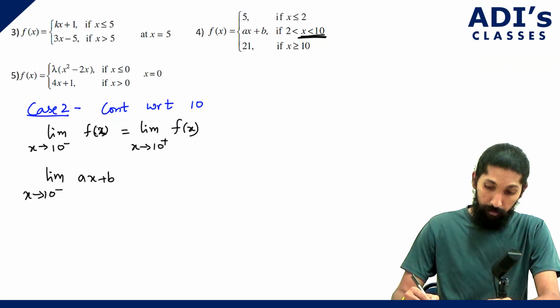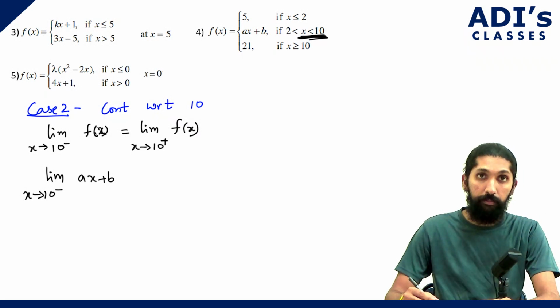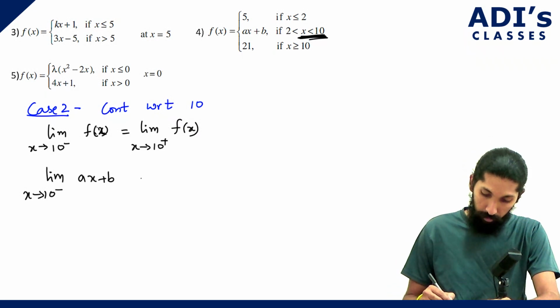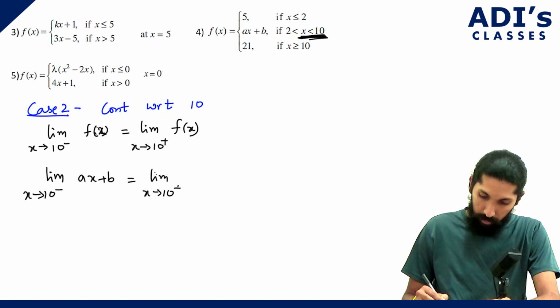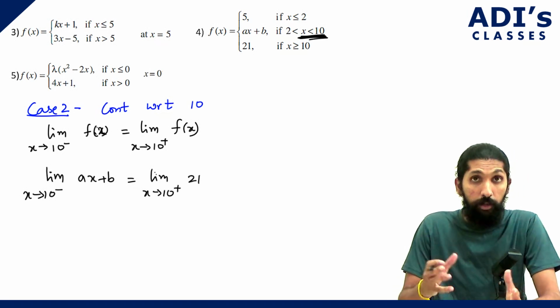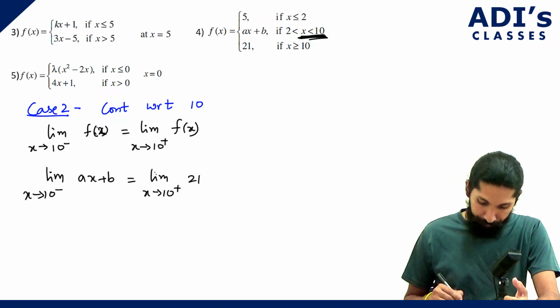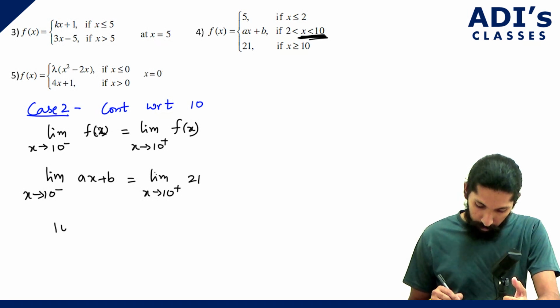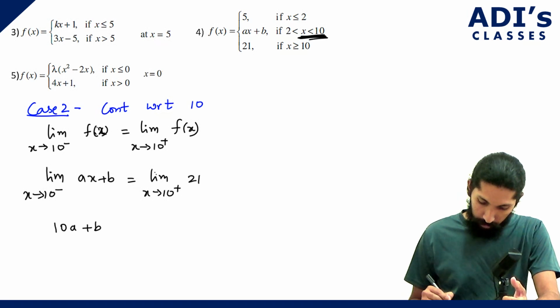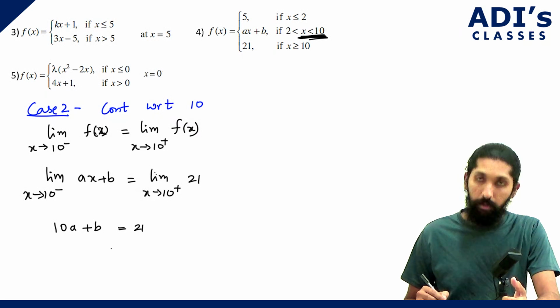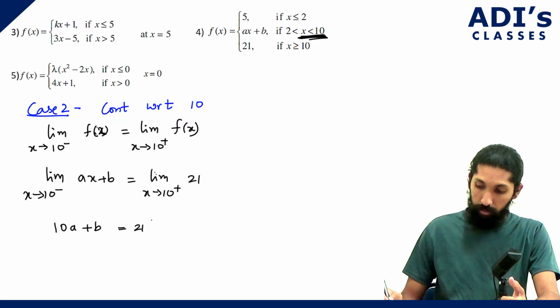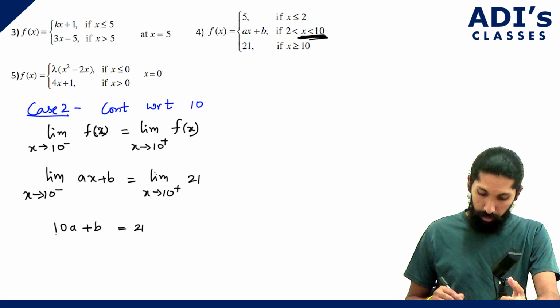So why do we take ax plus b? Because see, x is less than 10, correct? So this is equal to limit as x tending to 10 plus, this is 21. I mean, it's not a function as such, but it is just 21, isn't it? So now what do we have? 10a plus b is equal to 21, correct? Now we'll call this equation 2.